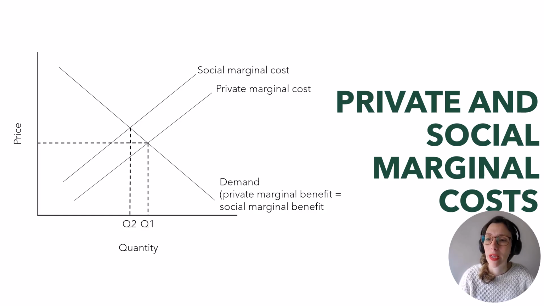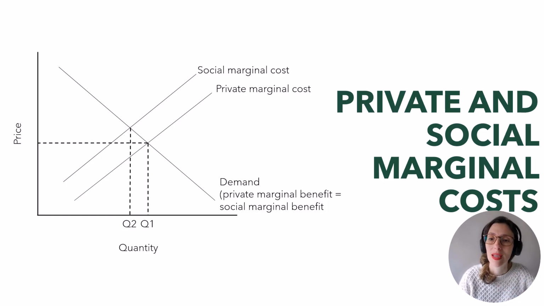So let's begin with private marginal costs. These are the costs that a firm incurs when producing one additional unit of a good or service. They represent the costs that decision makers actually internalize when making choices.